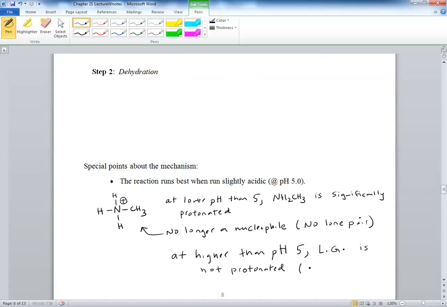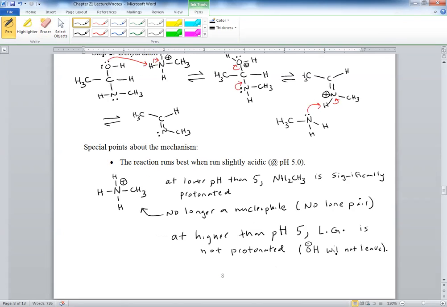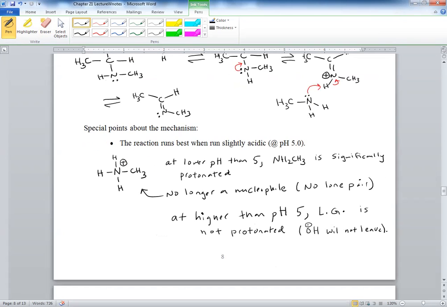So meaning the OH minus will not leave. So that's why you have to have it at a pH of 5.